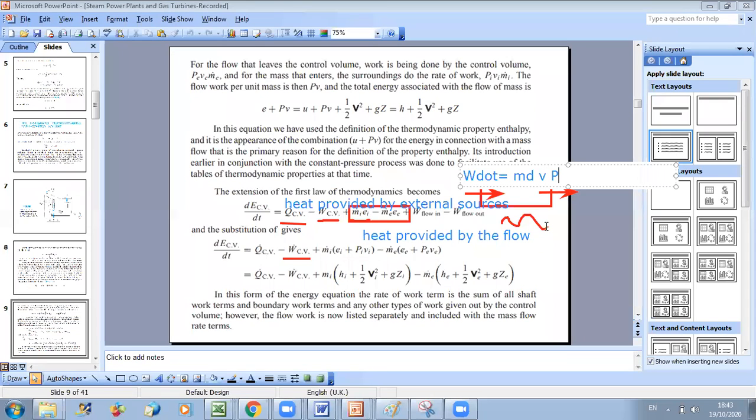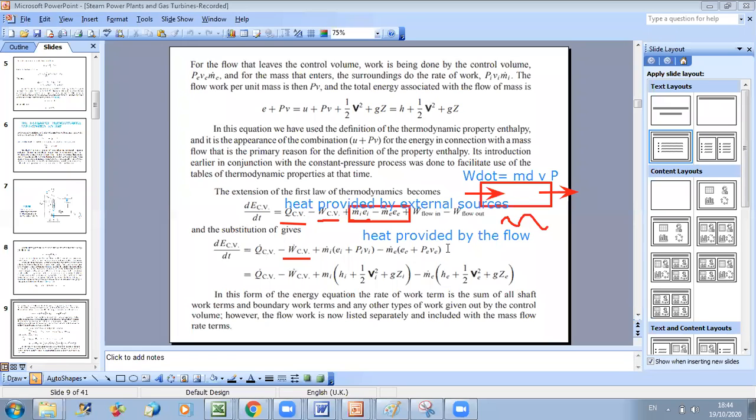So the inlet flow will do a work on my system. This is why, in my case, the work due to the flow energy will be plus m dot inlet times e plus m dot inlet times P_i v_i, and for the exit flow, it's minus m dot exit P_e v_e.